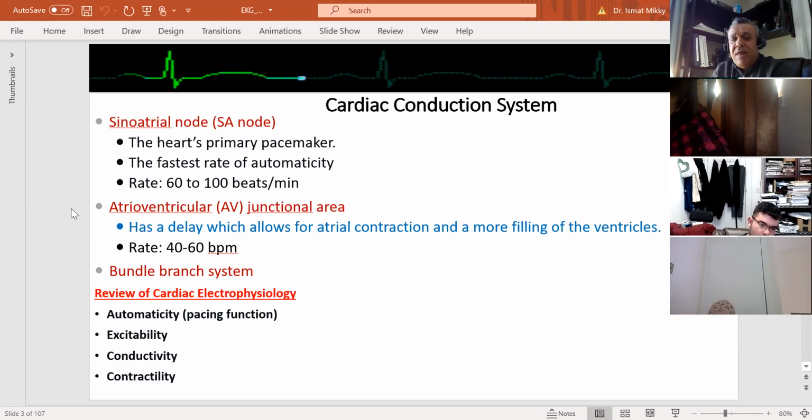I'll explain what pacing means. Pacing means that each cell of the cardiac muscle, or myocardium, can create an impulse that is going to pace the myocardium. In other words, any cell in the myocardium can be irritated and triggered to become like a pacemaker, like an SA node, but it will not result in a normal conduction pathway.